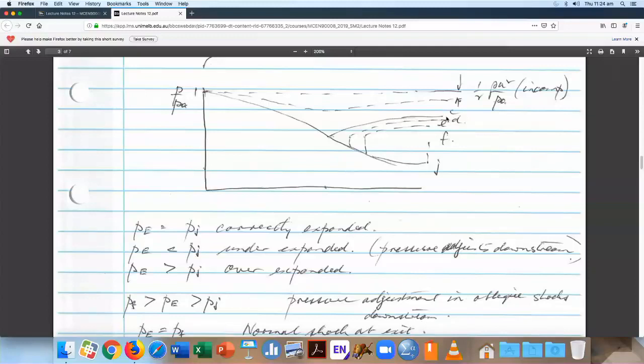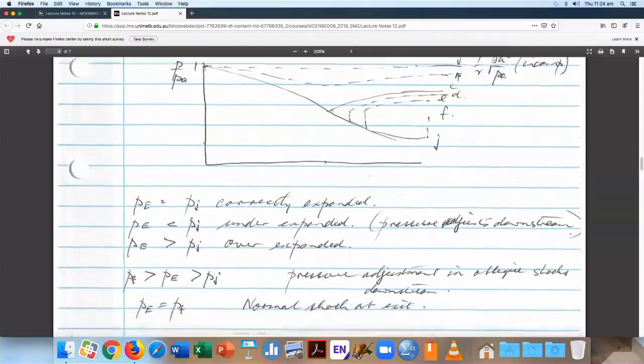So if PE is less than this pressure here, PF, but greater than PJ, the pressure adjustment is through oblique shocks downstream. You have to turn the flow and you have oblique shocks.